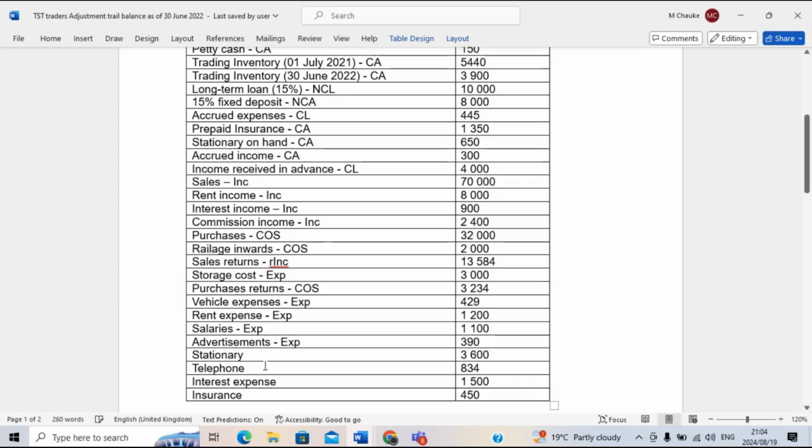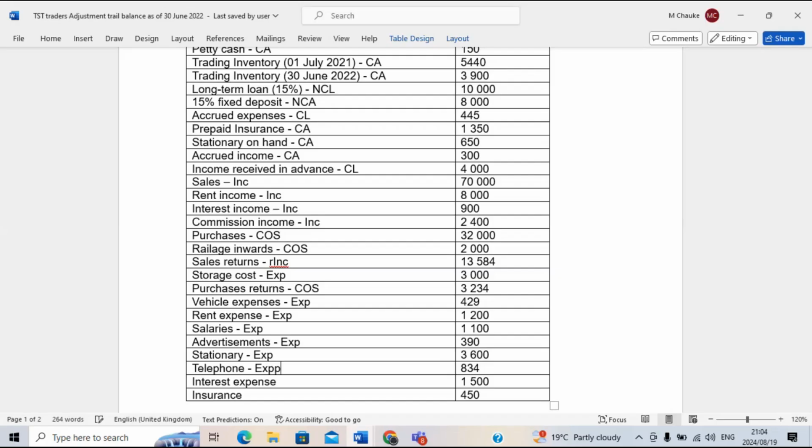Stationery expense, right? But stationery on hand, remember, is a current asset. And then telephone is an expense.